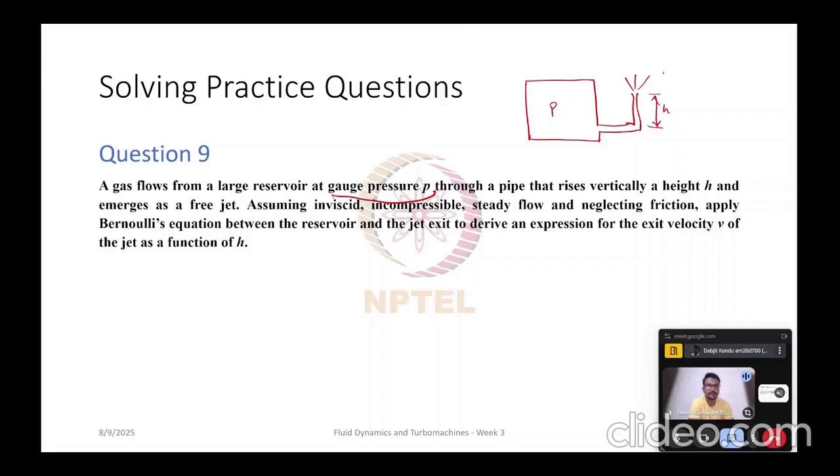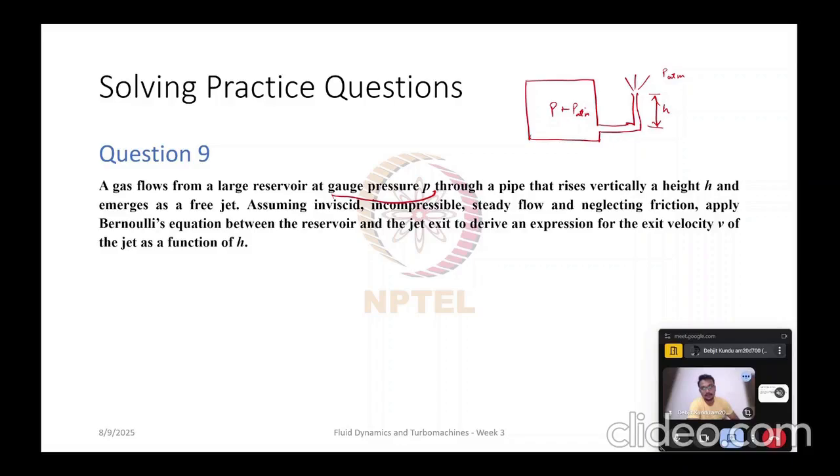This outside is at P ATM and this is at P plus P ATM. We can simply subtract the atmospheric pressure from both ends and consider 0 outside and gauge pressure P inside.